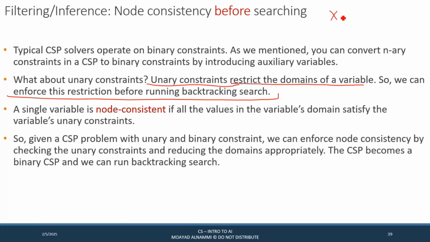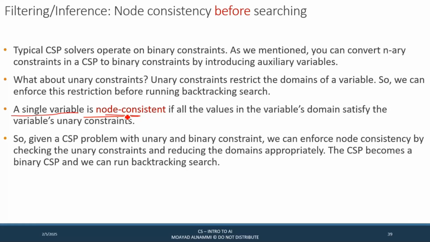For example, if you had a constraint that says X is less than 3, and you know that the domain of X1 from the problem is 1, 2, 3, 4, and 5, very simply, we can remove this constraint from our CSP just by fixing the domain of X to be just 1 and 2, and removing everything that is greater than or equal to 3. So this current domain here, we fix it, and then we can run backtracking search with the unary constraints removed.